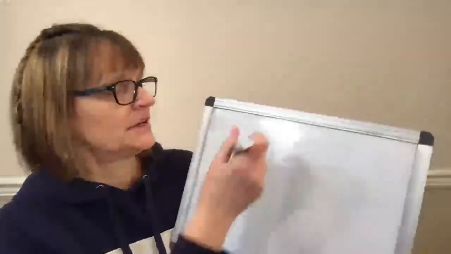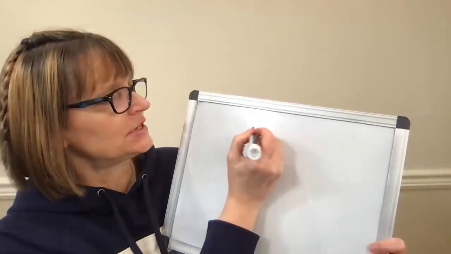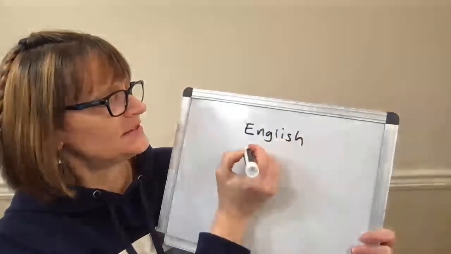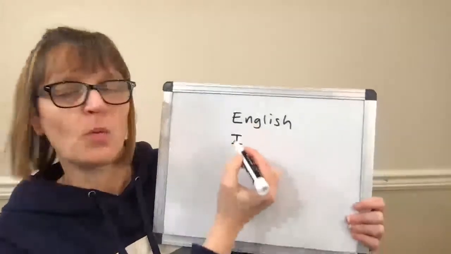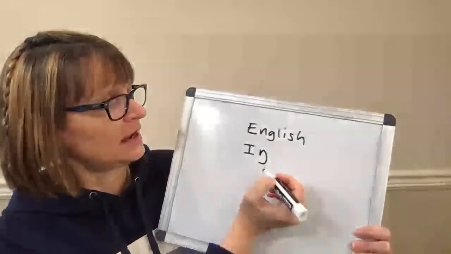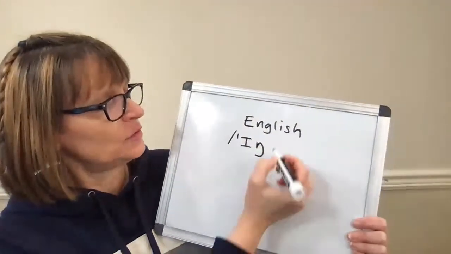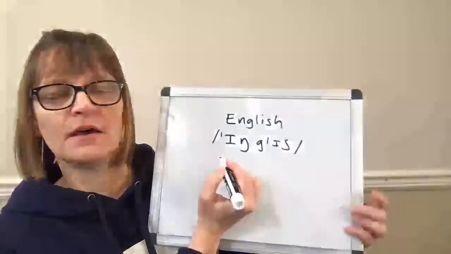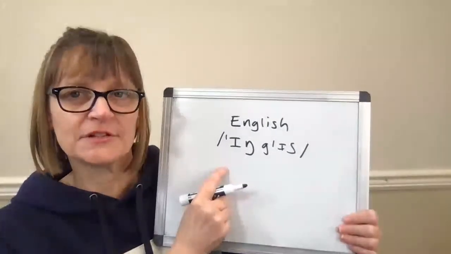Okay, our first question is from Catherine. She wants to know the sound of the letter E in the word English. Is it an I sound or an E sound? So in English, it is an I sound. However, when we have the letters NG or the ng sound after it, the I sounds a little different.